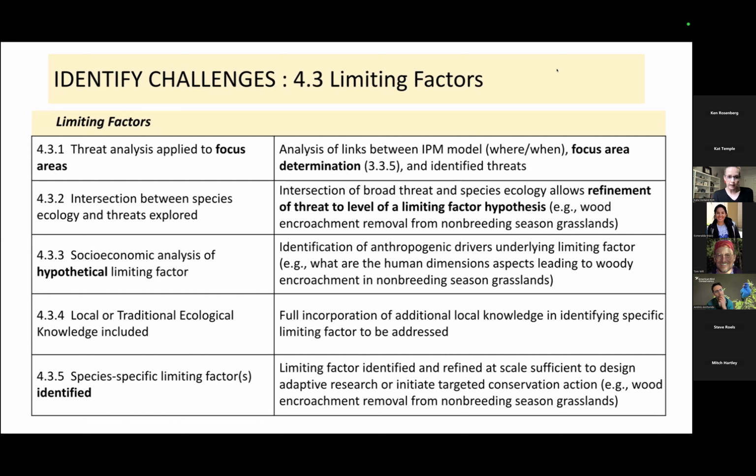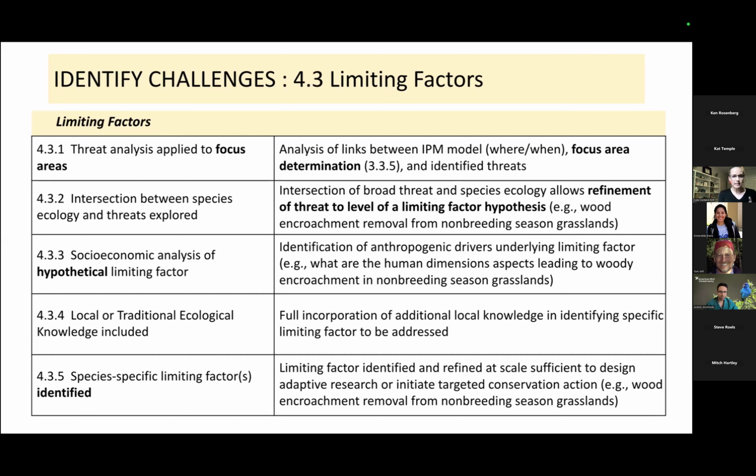And then the third one, once we have that hypothesis of what a potential limiting factor for the species might be, we look at the socioeconomic pieces that are related. In the previous section, we were looking at feasibility of actions. We were looking at anthropogenic factors in section 4.1, which was habitat and ecology, where we talked about how anthropogenic factors impact habitat quality specifically.